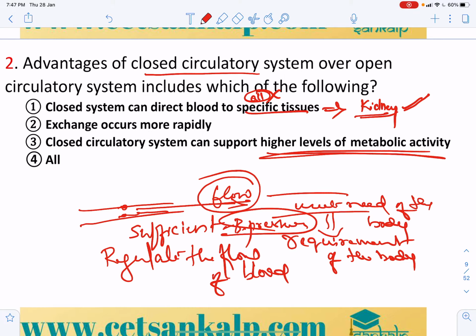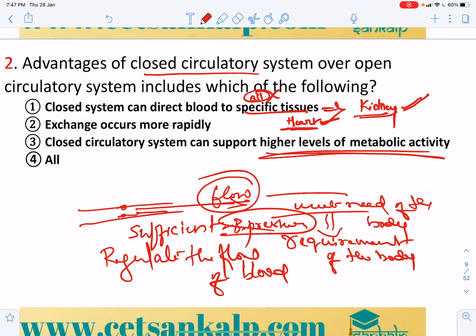So like the heart, if blood pressure increases, heartbeat increases. Whenever the heart has to increase the pressure, the volume is going to increase. So blood volume increases, heartbeat increases. Whenever it has to decrease, it will play a role. Directly it can direct the blood to a particular tissue, correct?